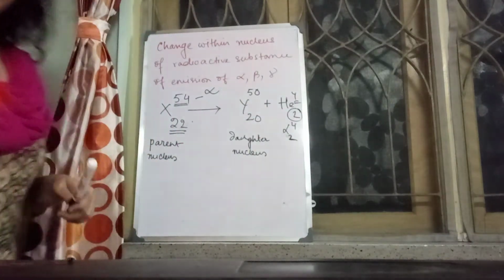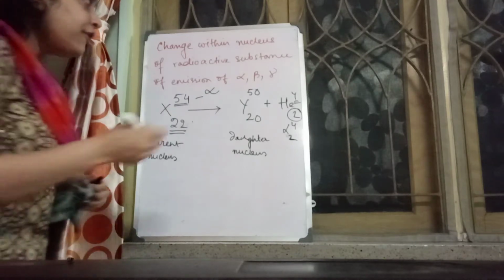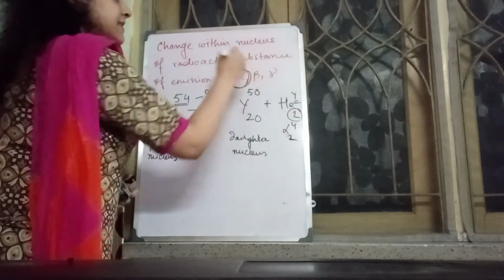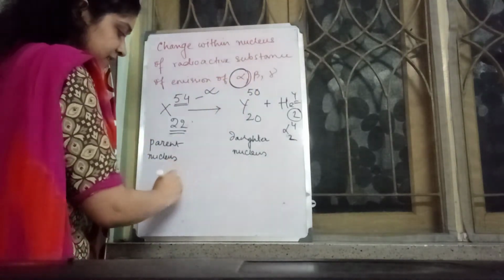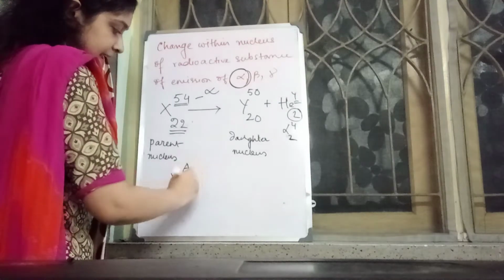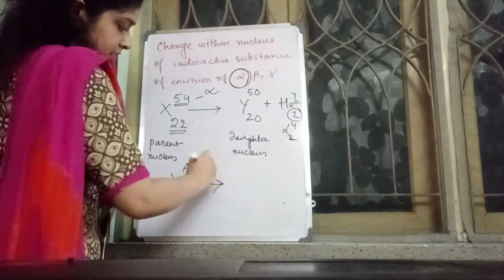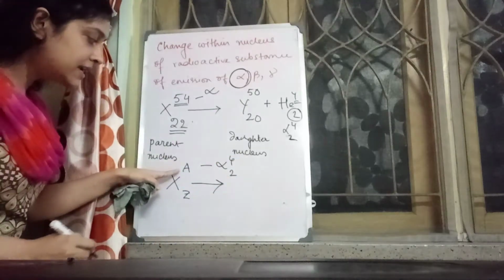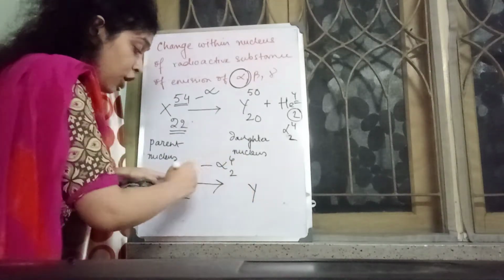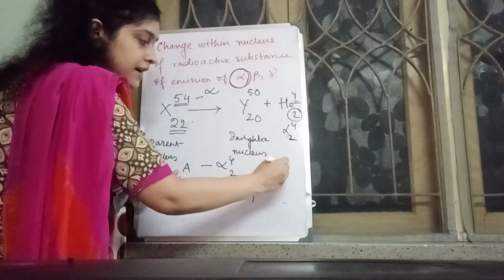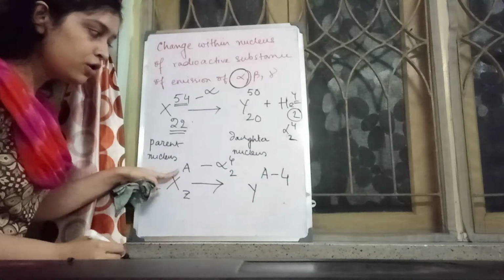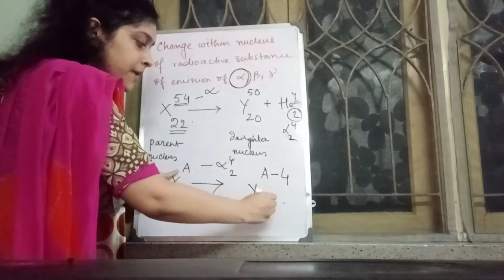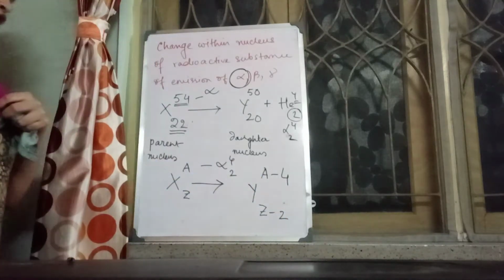That means when alpha is emitted, what is the change? Say X, A, Z, alpha. Atomic mass number reduces by 4. Atomic number reduces by 2.